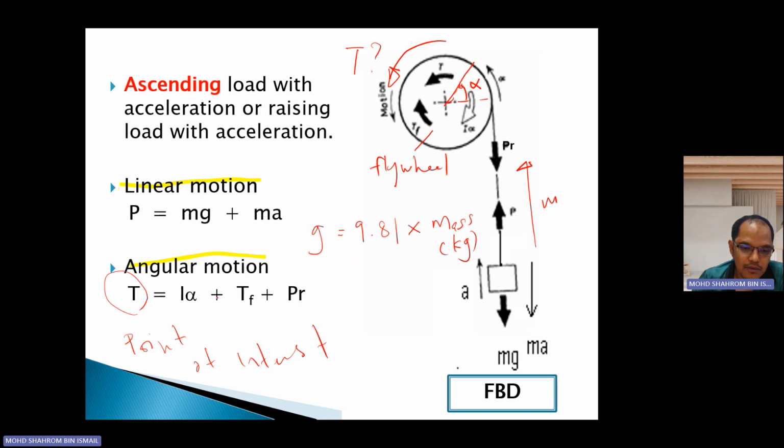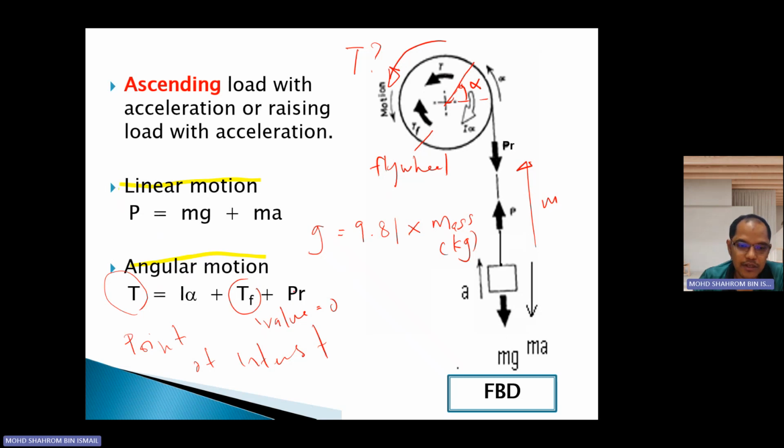Then you're going to add with the torsion. The torsion friction that against the real torsion. Basically here the value we put it 0, and then we're going to add up with P multiplied by R.